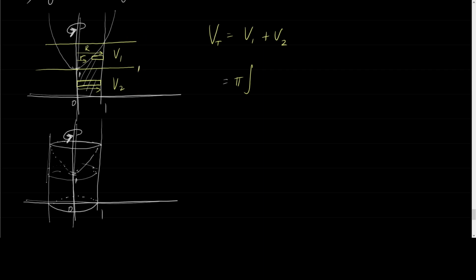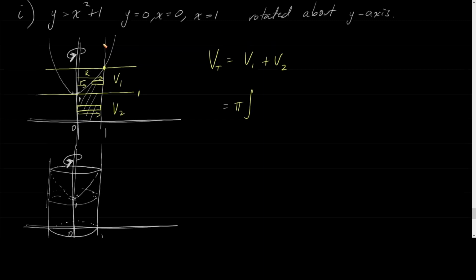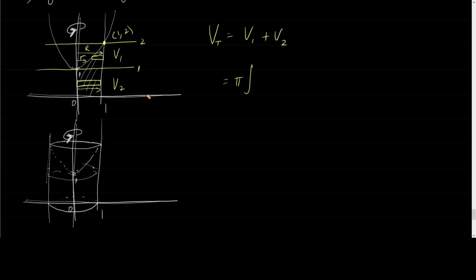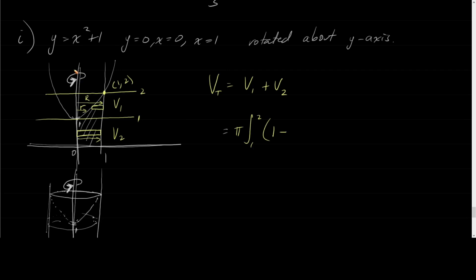This value though, let's figure out what this point is. When I plug in 1 into our function, which was x squared plus 1, I end up with 2, telling me that this height is at 2. So volume 1 is the integral from 1 to 2 of the big value minus the small value. So that's going to be 1 minus this function. Well, we need that to be in terms of y, right?